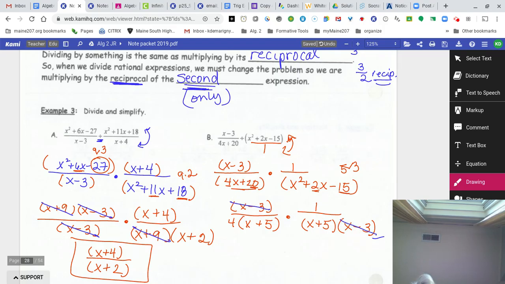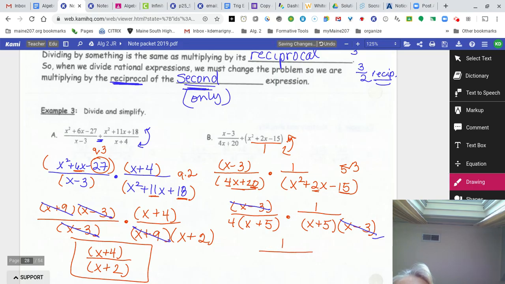Now, do you see that the x plus 5 and this x plus 5 are both in the denominator? So therefore, you can't mark them out. The 1 is left on top. Let me go back to red, sorry. All right, the 1 is left on top. So I still have a 1 on the top.